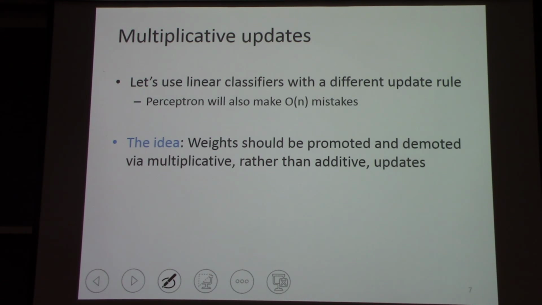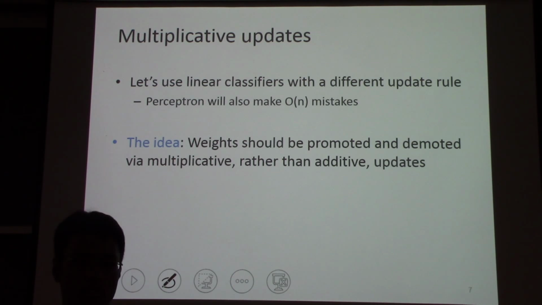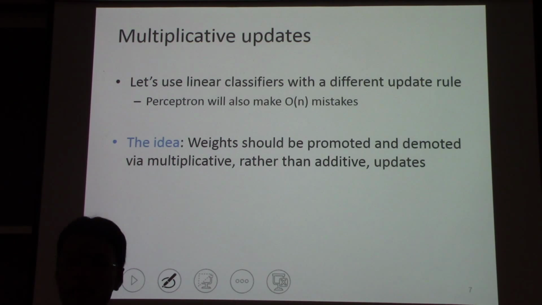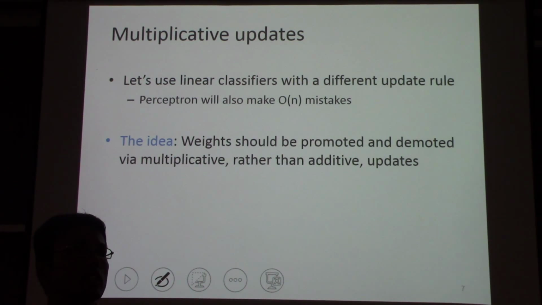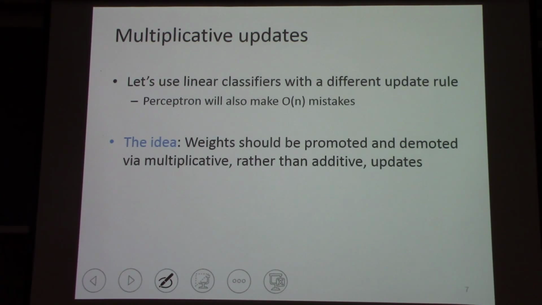Let me quickly summarize the point. We are in this regime where the number of relevant features is very, very small compared to the total number of features. The number of mistakes that the perceptron algorithm, and in fact the elimination algorithm, makes is a function of the dimensionality, which is potentially very large.